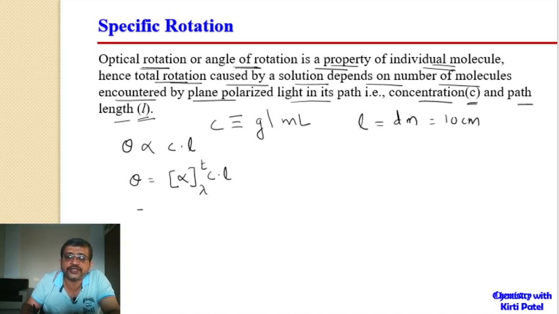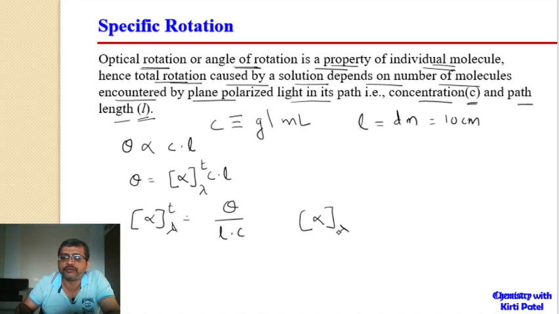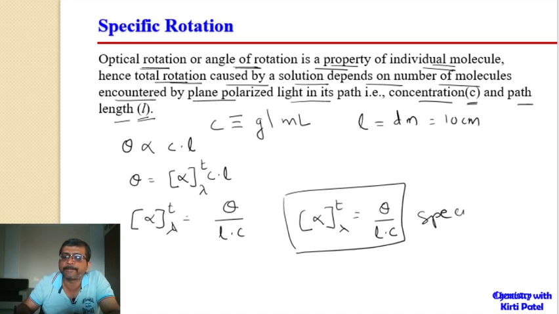So we can have alpha lambda T equal to theta upon L into C. This formula gives us the specific rotation of an individual sample.